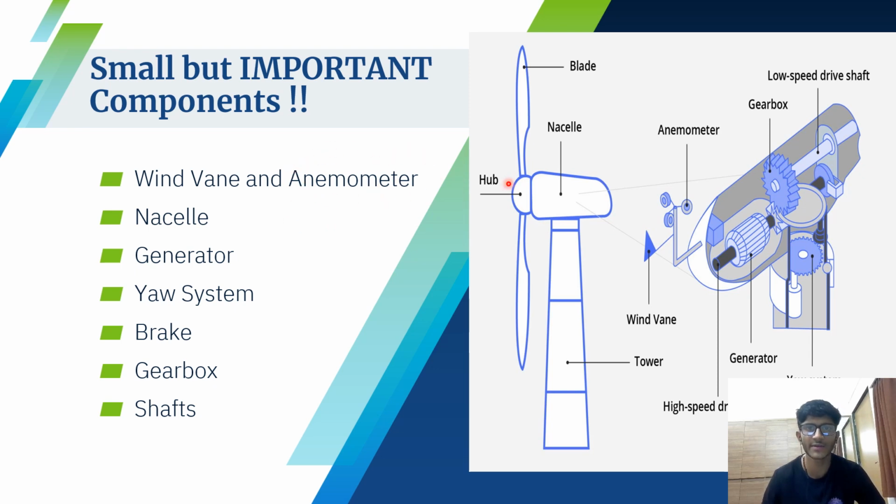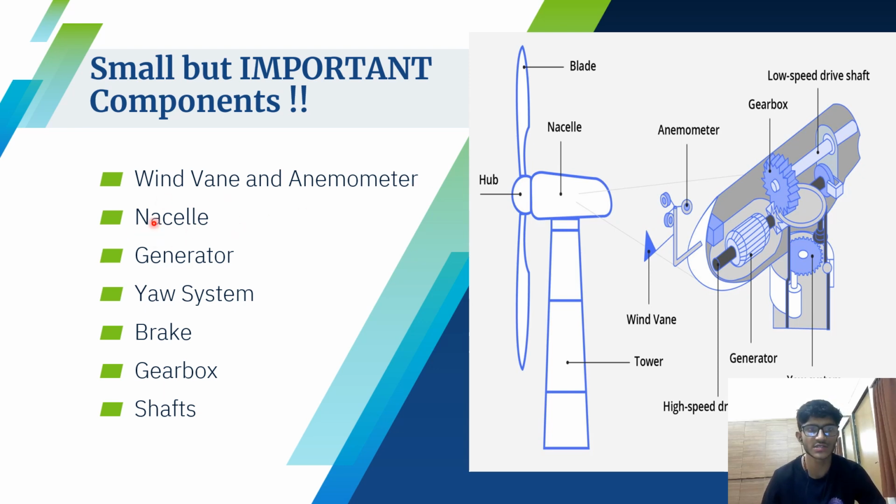Similarly, we have an anemometer. This cup-like thing is an anemometer, which measures wind speed using these rotating cups. They provide crucial data for wind resource assessment, turbine optimization, and overall plant operation, ensuring maximum energy production efficiency.